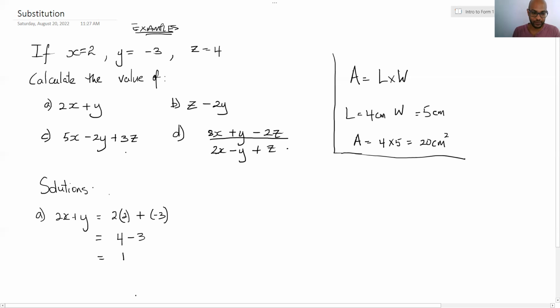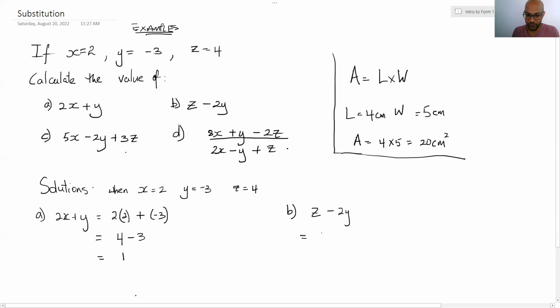Right? So when x is equal to 2, y is equal to -3, and z is equal to 4, then 2x plus y is 1. And we could do the same thing for b. Right? We have z minus 2y. Remember, we're given values for z, given values for y.